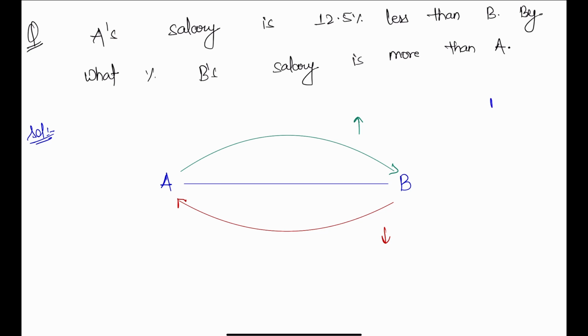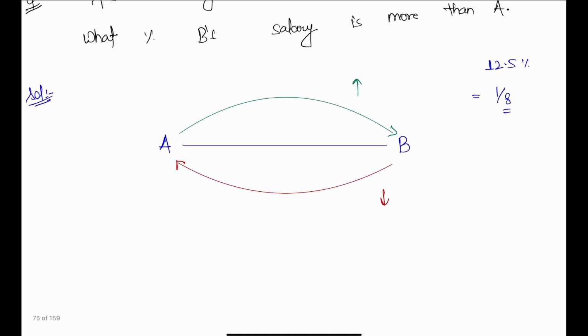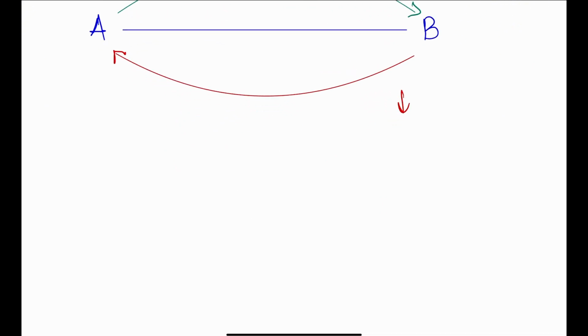So 12.5% is rewritten as 1 by 8. Let me rewrite here 1 by 8 less, which is nothing but x by x plus y.